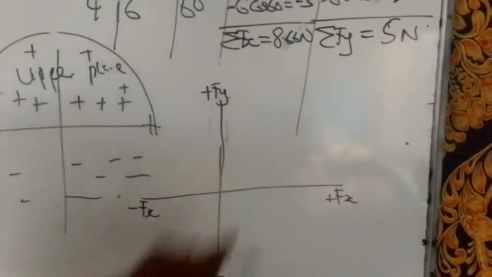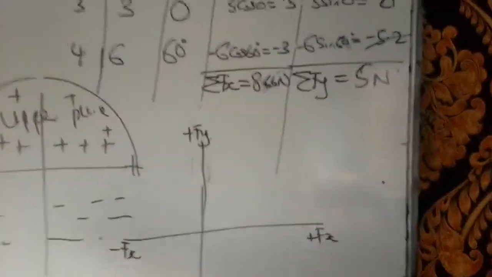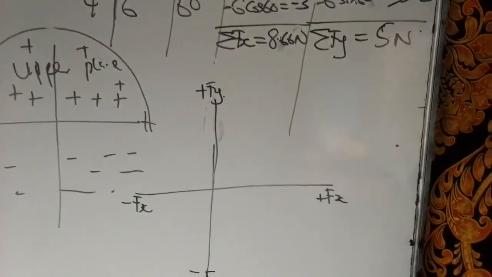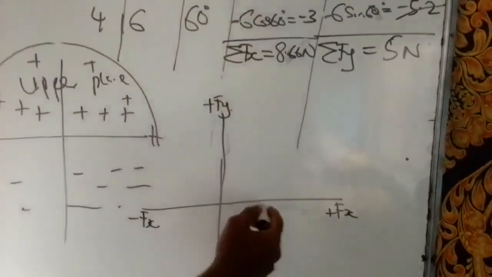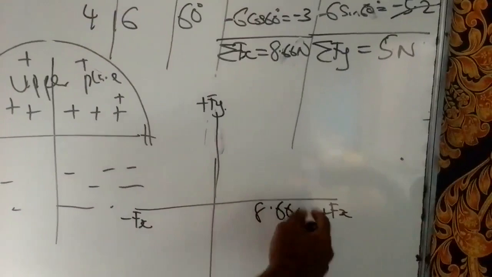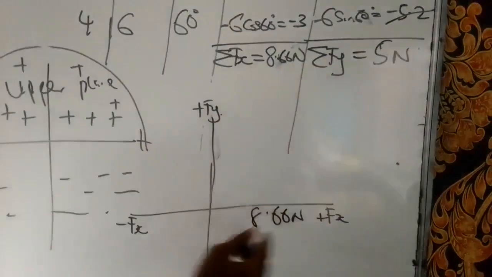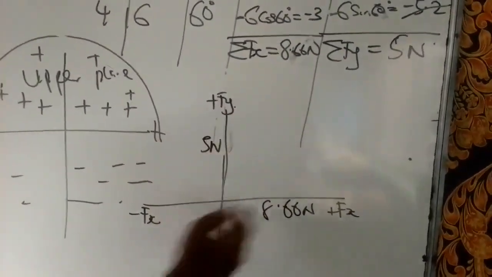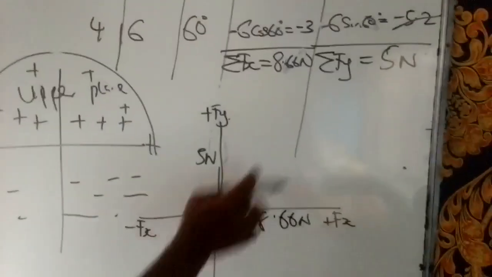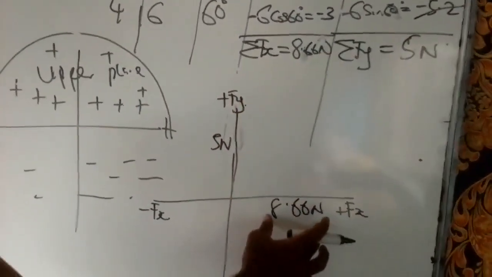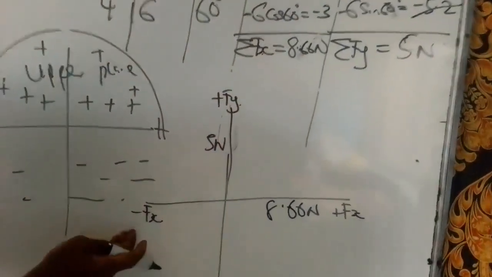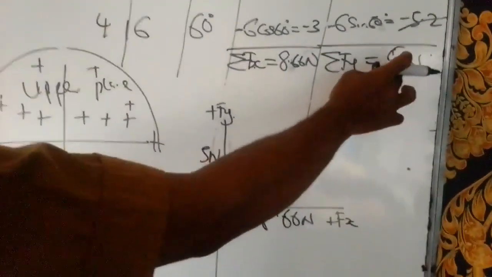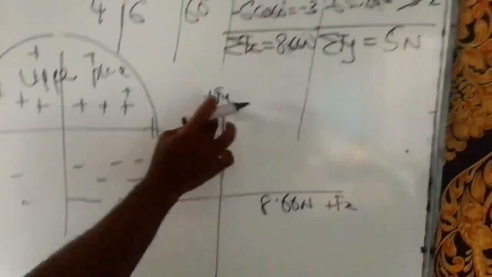Then our force Fs is 8.66, so we write 8.66 here, and our Fy is 5 Newton. It's a positive value, so we have it there. This is also positive, so we write it here. If Fs were negative, we would write it on this side. If Fy were negative, we would write it on this side. So we are dealing with this one only.